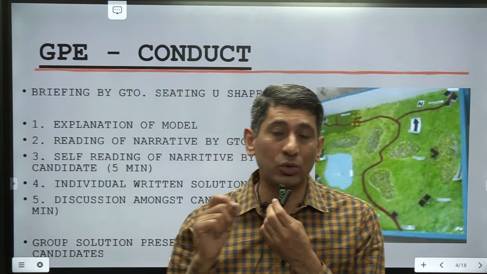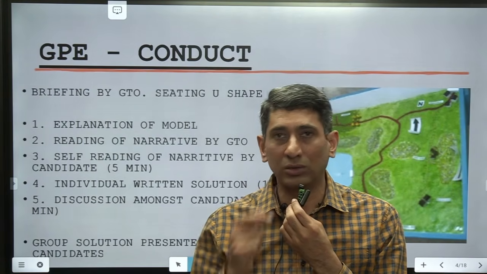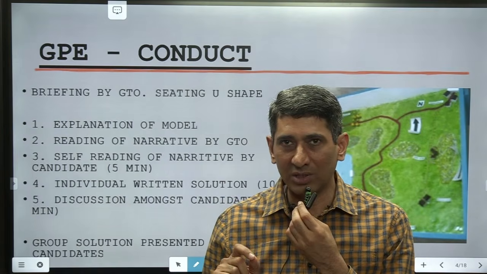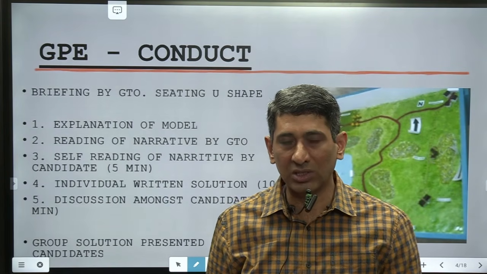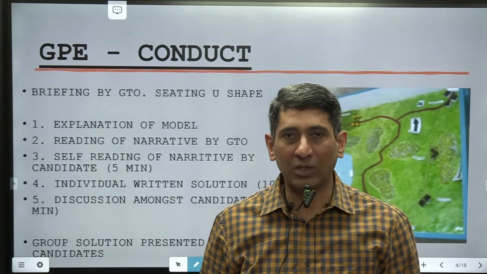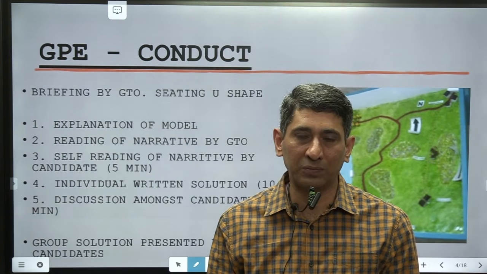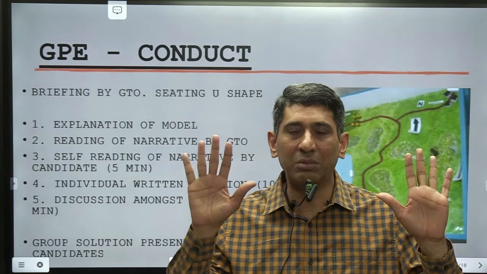So he will ask you to read the story sheet for 5 minutes. After the 5 minutes, he will take the story sheets back. Then you are required to write down your individual solution in a time of 10 minutes.